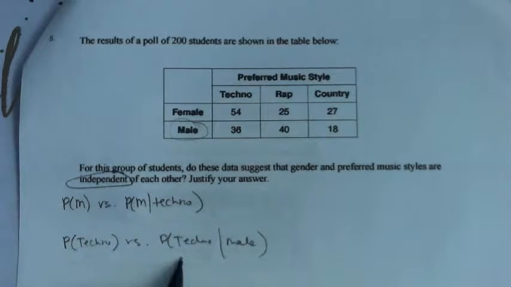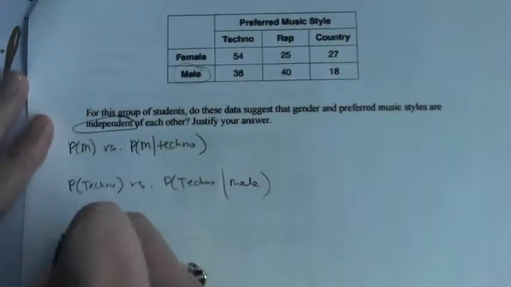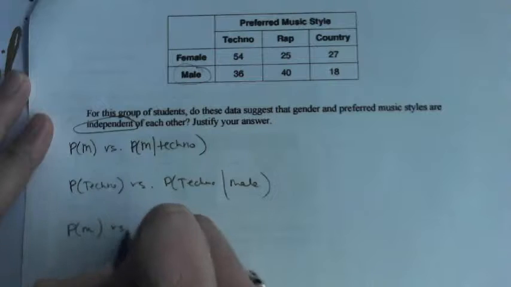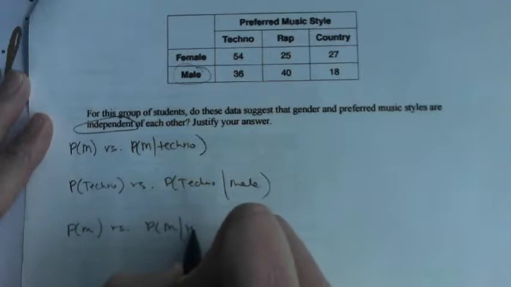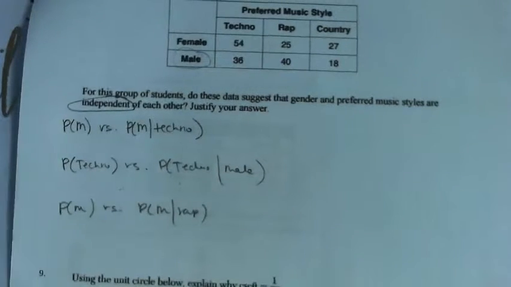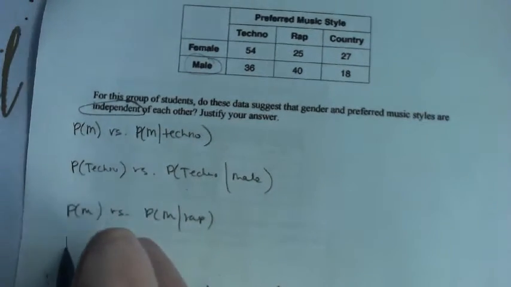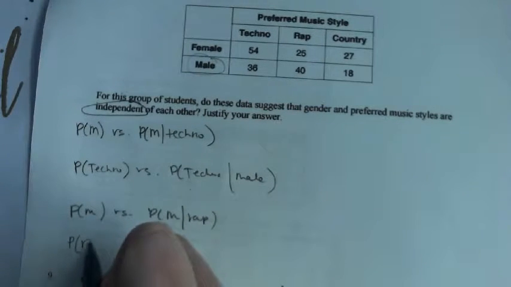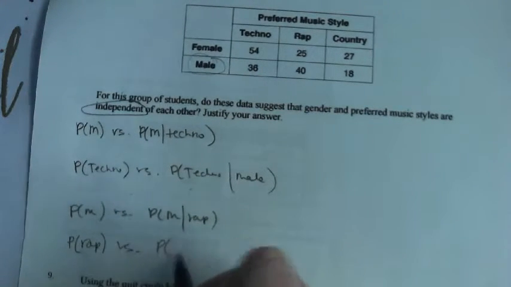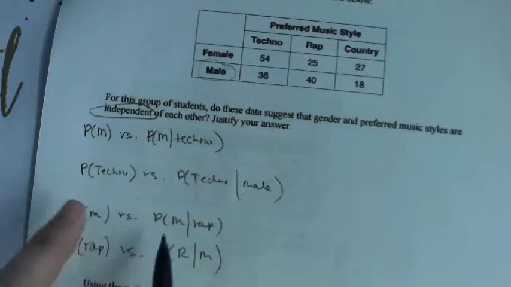Okay? Connor might decide to do male and rap. So he might do the probability of male, and he might then compare it to the probability of male given rap. That would work. But no person should be doing all of these. Bo might do the probability of rap versus the probability of rap given male. So he's kind of doing the same thing as Connor, but not really.